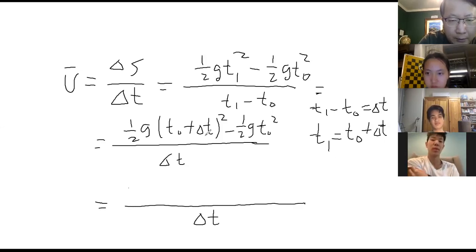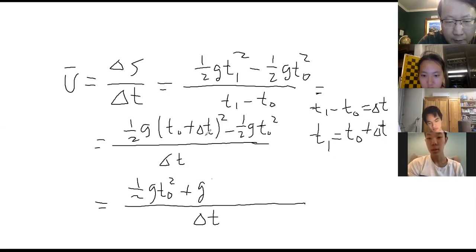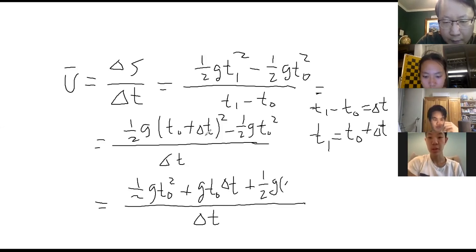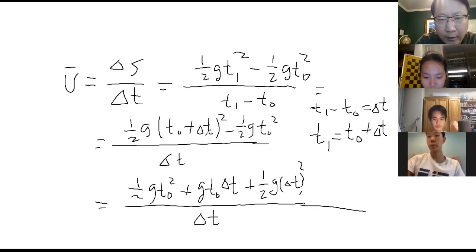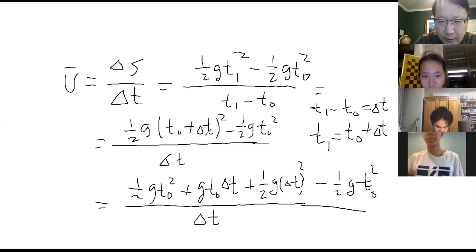So that is 1/2 g t0 square plus 2ab, basically g t0 delta t, then plus 1/2 g delta t square. I open up this parenthesis, and it's a minus 1/2 g t0 square, correct? Clear? So now this one cancels out, correct?